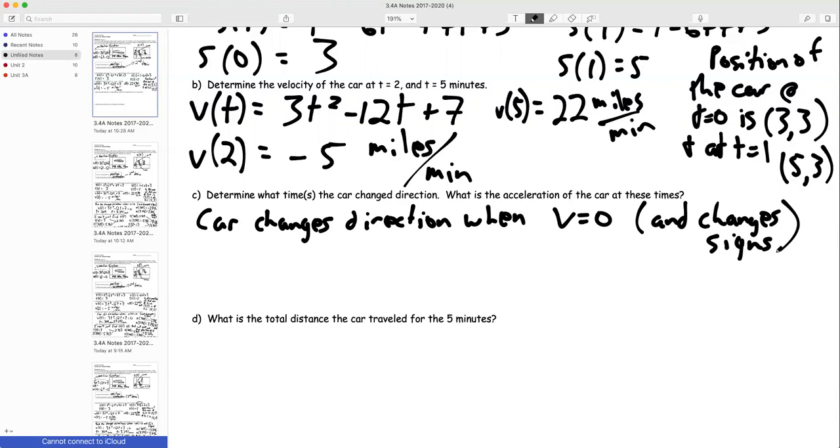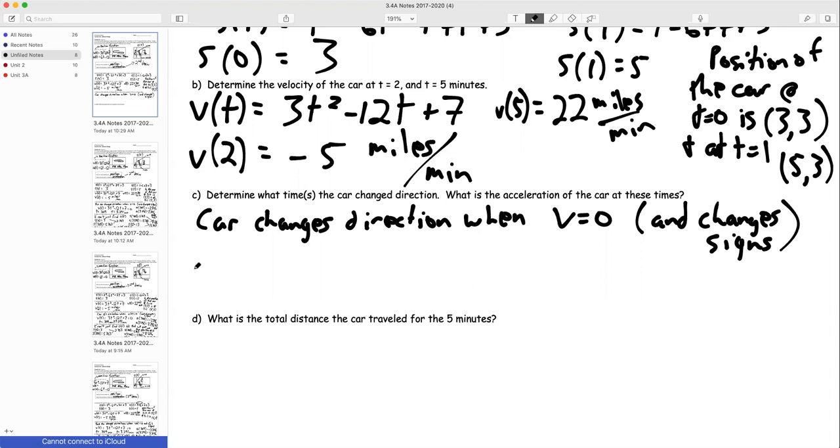So how would a card-carrying calculus slacker find when the velocity is equal to 0? I don't want factoring or quadratic formulas or anything like that. I want a calculator, right? So get your little calculator. Do you have one? Yeah.